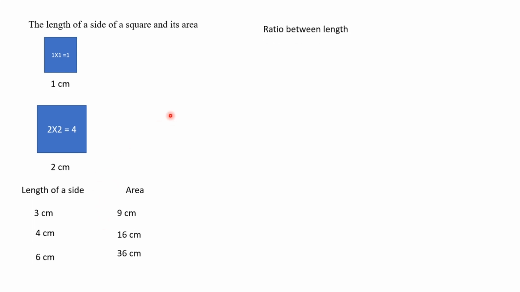So I consider some ratio between two lengths. I'm going to take a ratio between two lengths. I consider 1 and 2. So I take 1 as a length here and the other length is 2. You can see here the ratio of the areas is 1 to 4. Next I consider 2 to 3. So 2 comes here, 3 is 9. 2 is 4 and 3 is what?